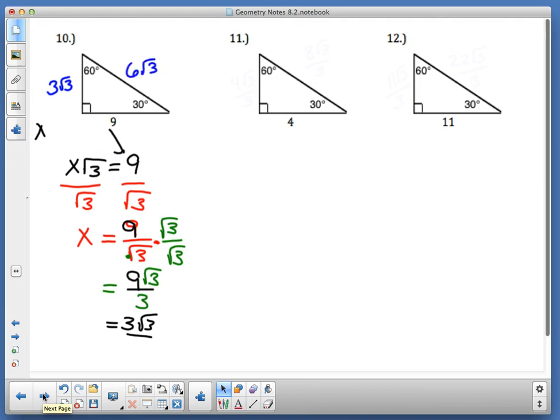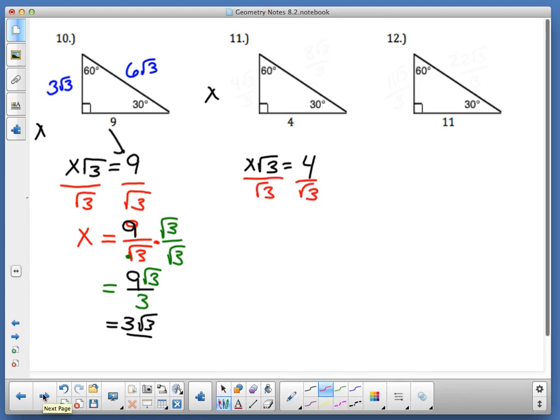Now, we're going to try this again. We're going to show you the pattern and see if you can use the pattern on problem 12. So again, coming up with my x here, my short leg. So my short leg times the square root of 3 is equal to, in this case, 4. If I divide by the square root of 3, the square root of 3 is dividing. Okay, so now I've got x is equal to 4 over the square root of 3, but I'm going to multiply it by the square root of 3 over the square root of 3 again to make it look pretty, because it's driven by what's in the denominator.